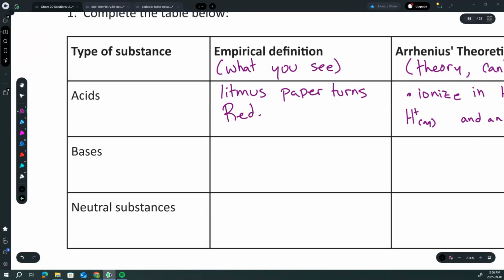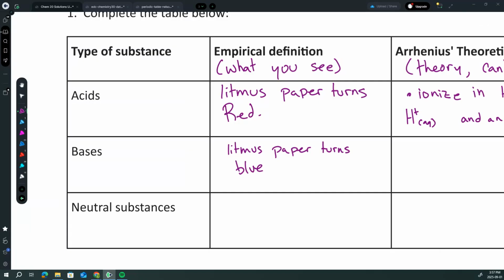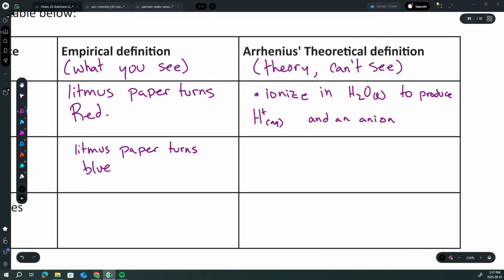With bases, they're going to turn litmus paper blue. So you can remember this as B for blue for base. And Arrhenius defined bases as substances that dissociate to produce hydroxide ions and some sort of cation.